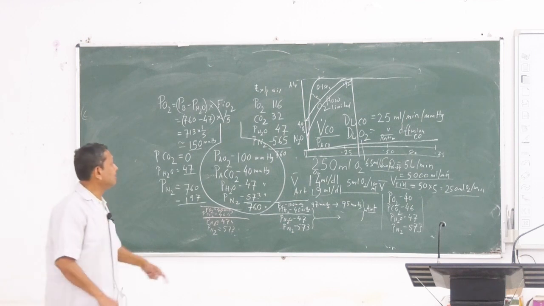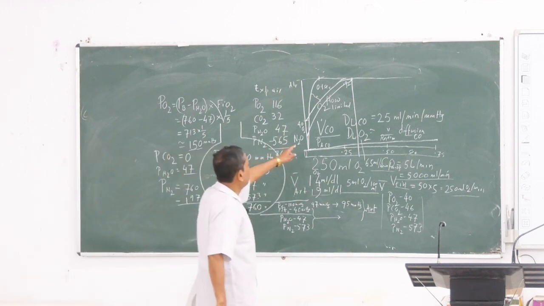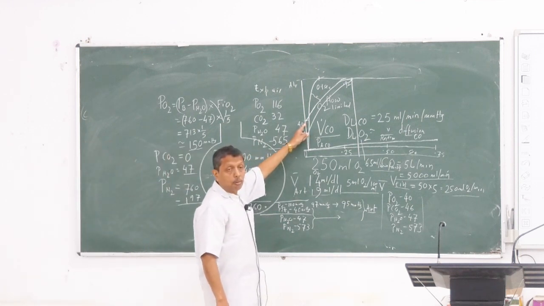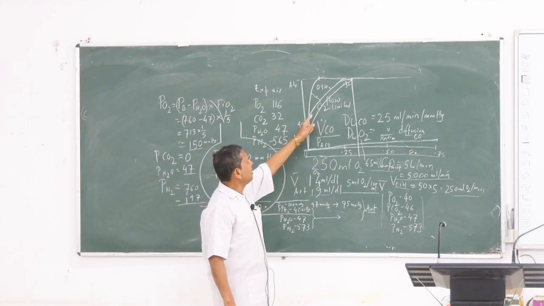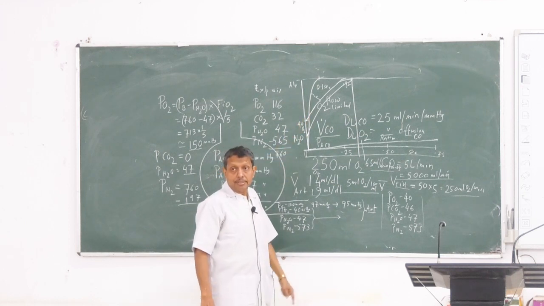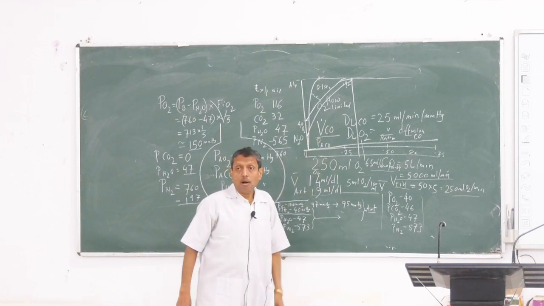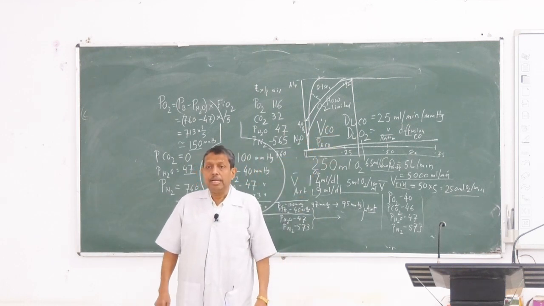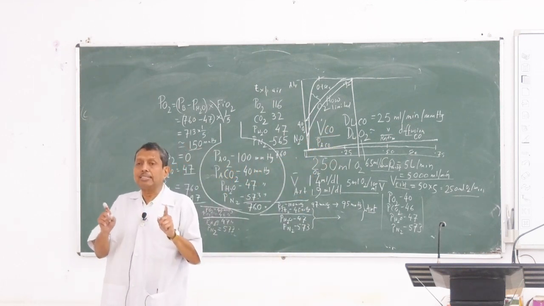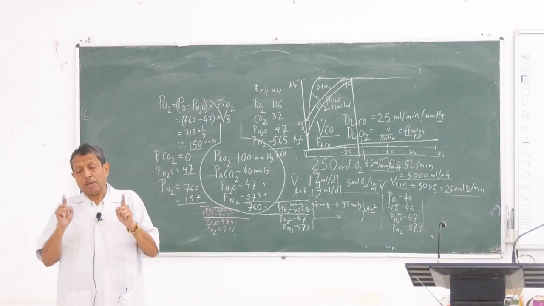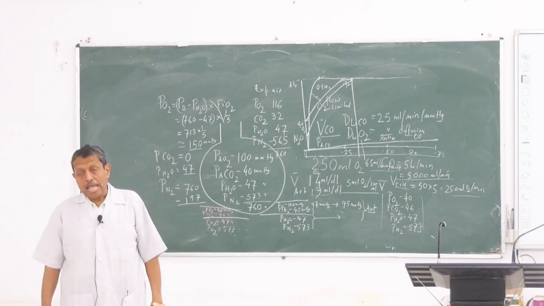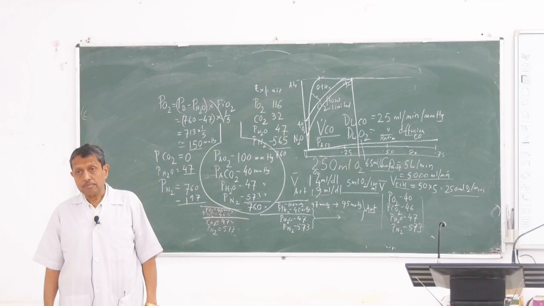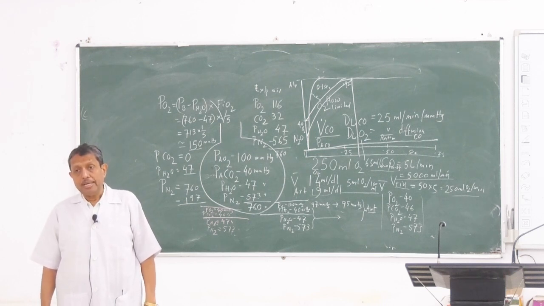Now you may ask, normally suppose it is 40 millimeter of mercury and it is 100 millimeter of mercury, how can it be calculated? Then you consider the average partial pressure. If you take the average pressure and multiply it by this value, you can get this value.